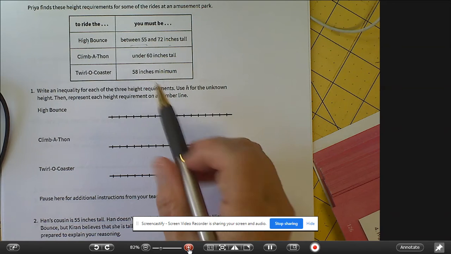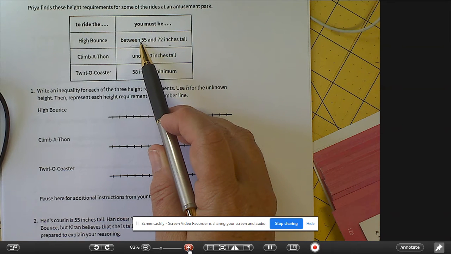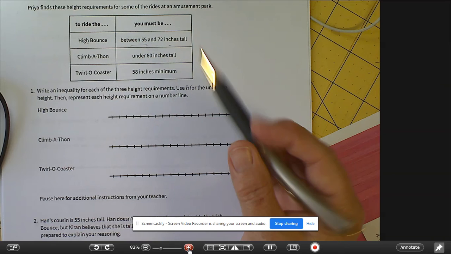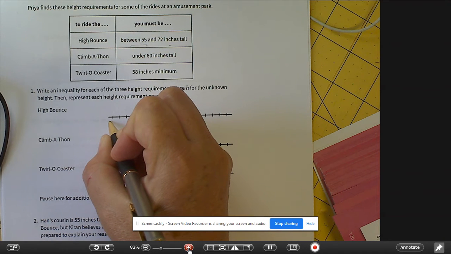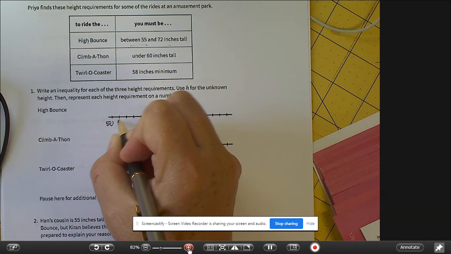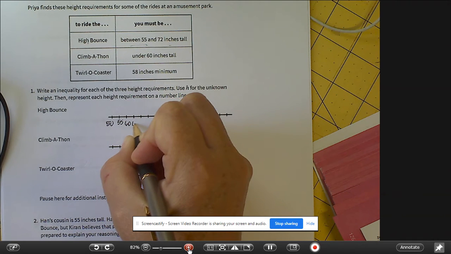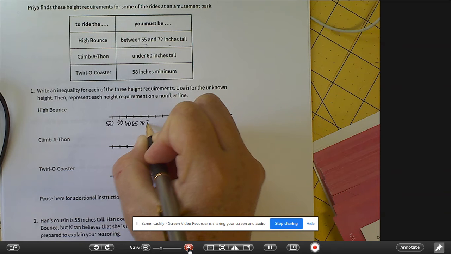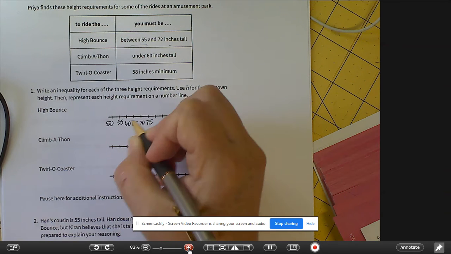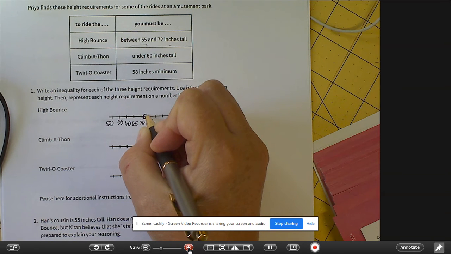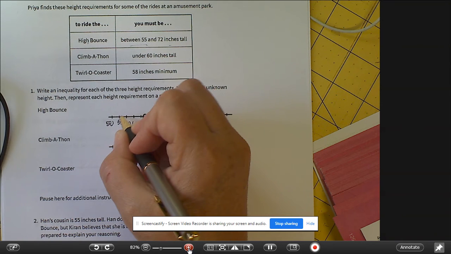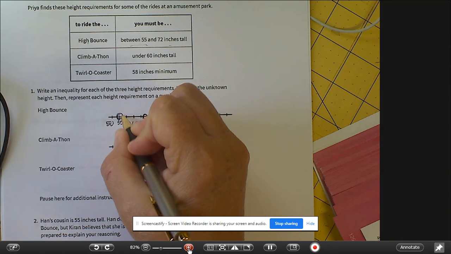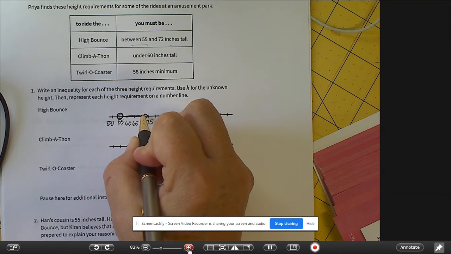So you have to be between 55 and 72. If we were going to count by fives, let's say 65, 70, 75. 72 would be about here, and it's going to be open because it's not including 72, and here is going to be open on 55, and then a line in between those.